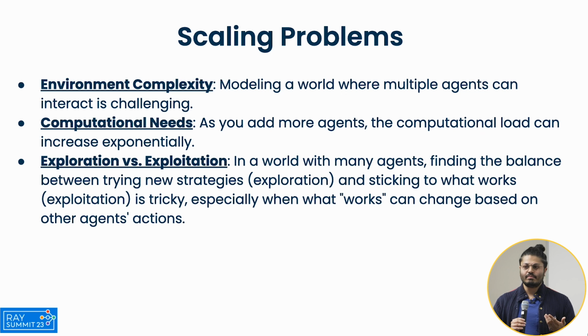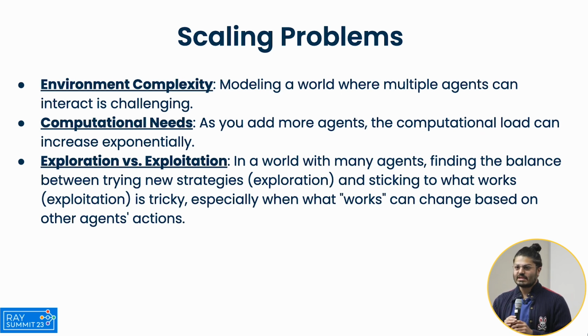And so there are a lot of scaling problems that come from this. One is that as you make much stricter simulations or requirements for your simulations, your environments also scale in complexity. You also need to worry about the increased computational needs as architectures and environments scale, because you want to run these simulations in parallel across a lot of the GPUs in your clusters.